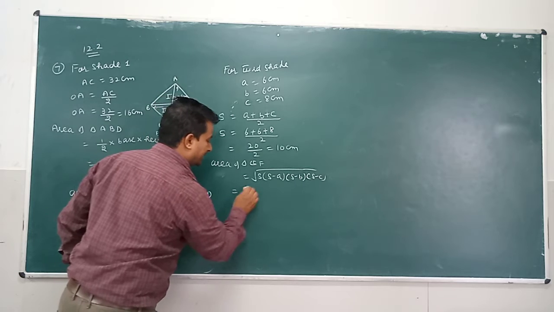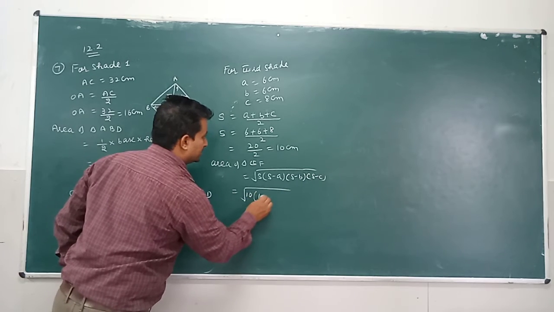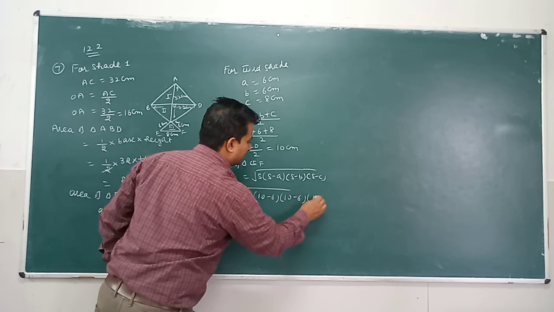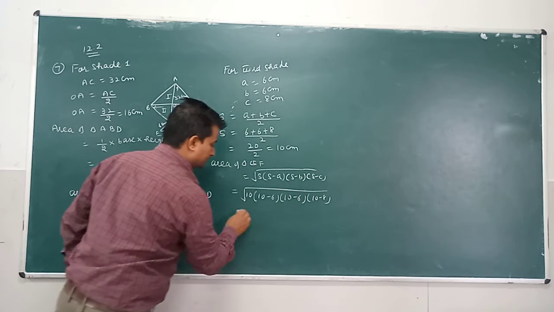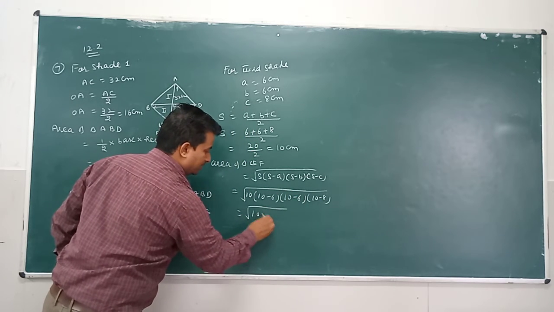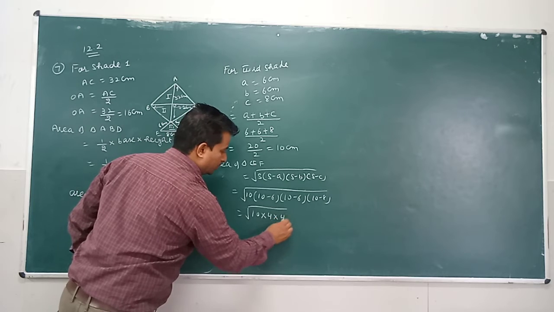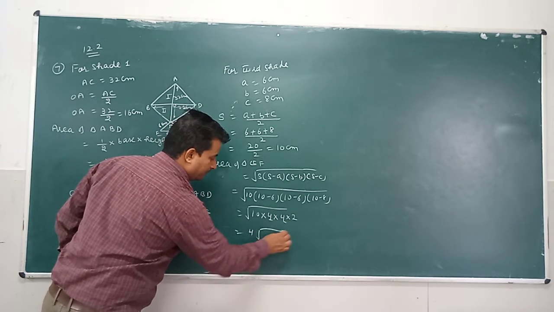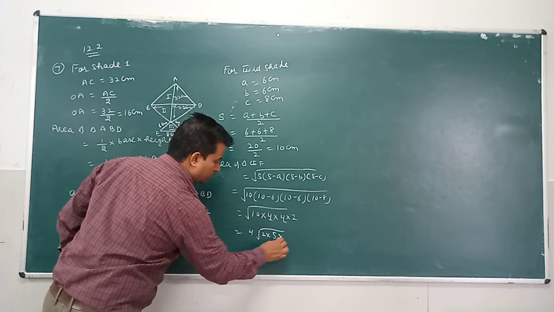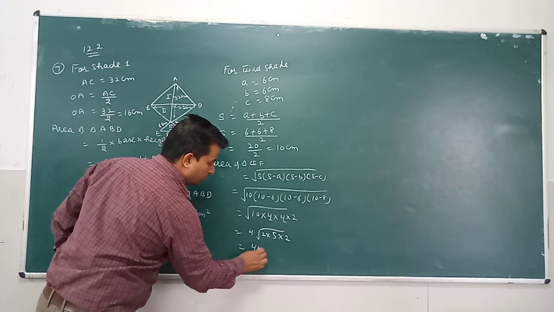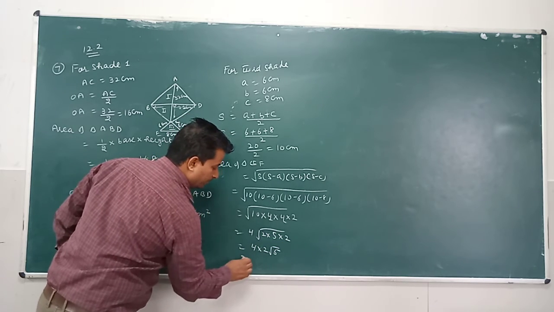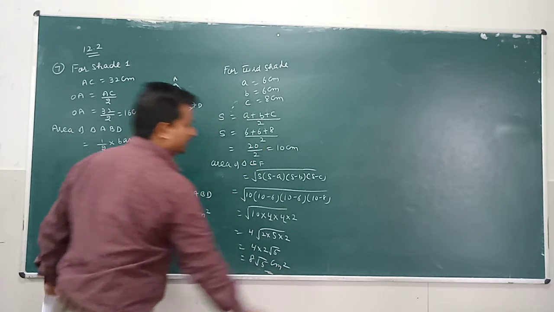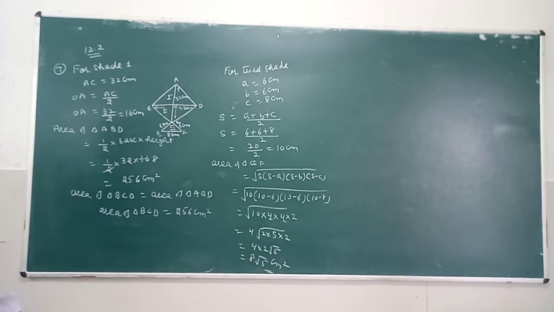Here S is 10, so 10 into 4 into 4 into 2. Taking 4 outside the square root, this is 2 into 5 into 2, and taking 2 common out of the square root, 8 root 5 centimeters square is the area of the third shade.